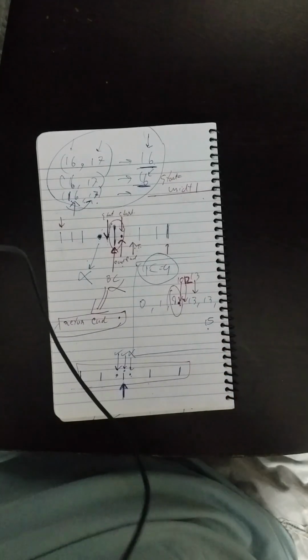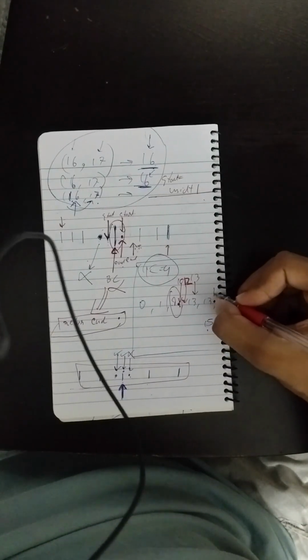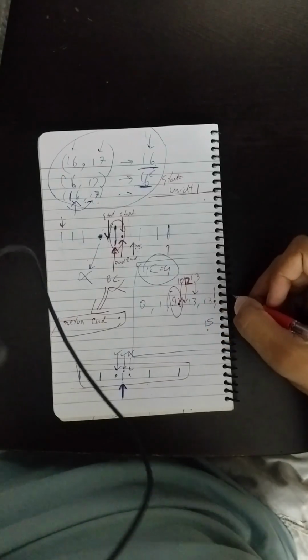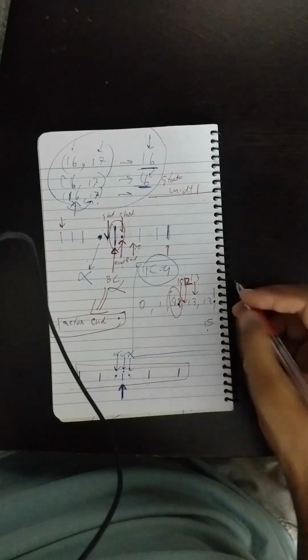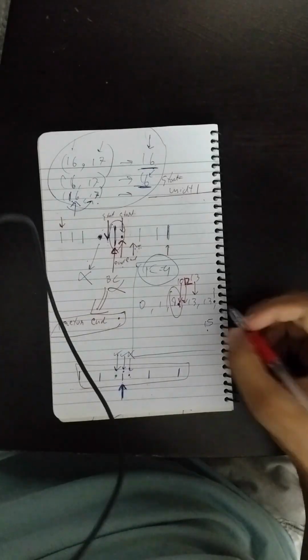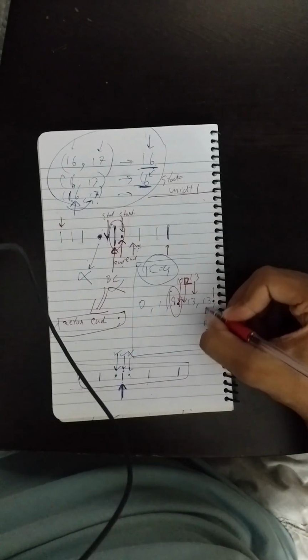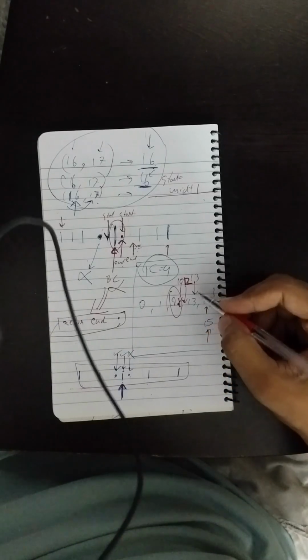Now 13 and 15, middle is 14, and at 14 the condition is not satisfied, so we move end to 13. Initially end was 15, now end is at 13, and start is also at 13.